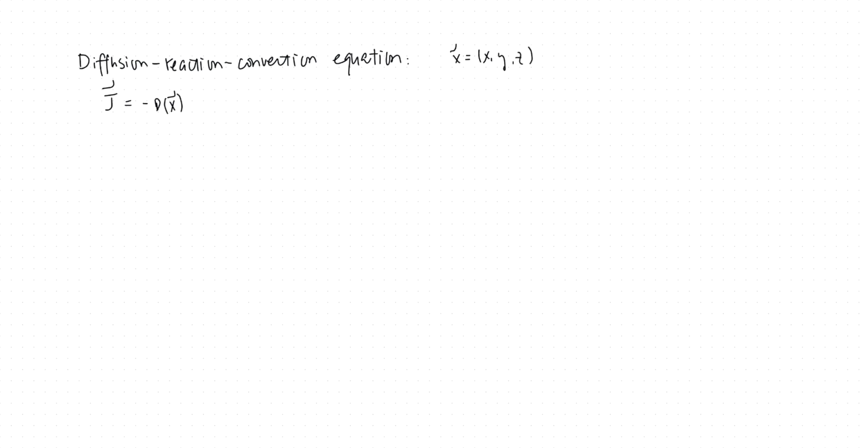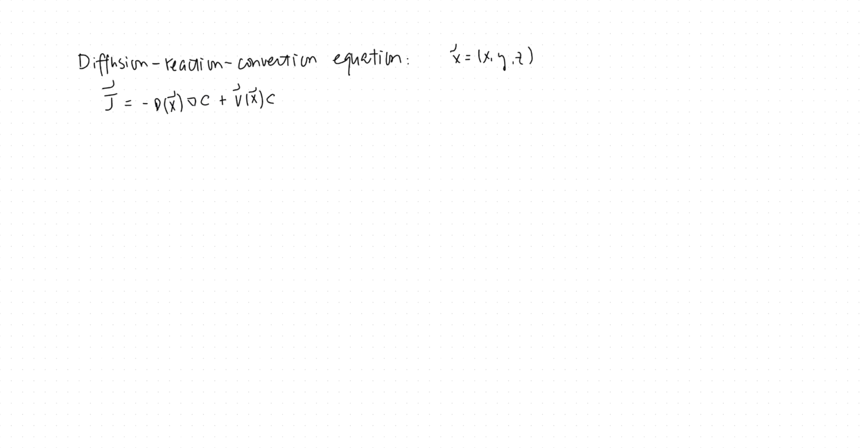Then you have the gradient of c, which means it can be a 3D gradient. Then you may potentially have a convection term, which is the velocity, itself a function of space, multiplied by concentration.